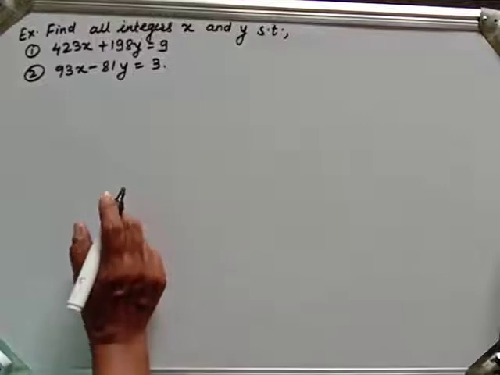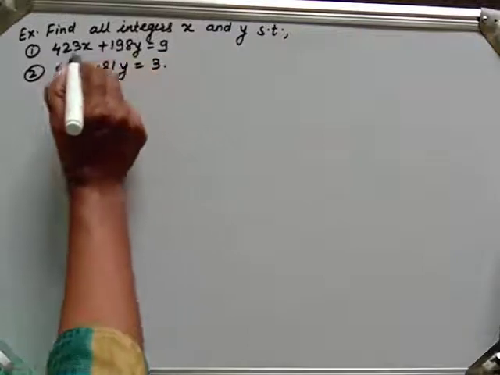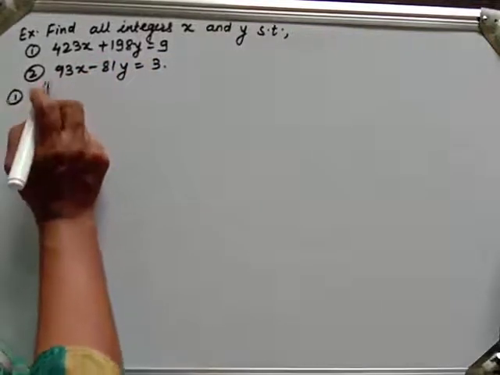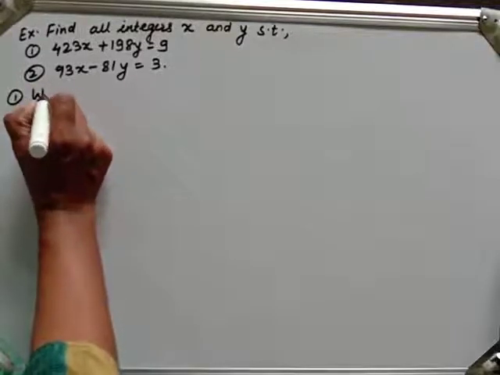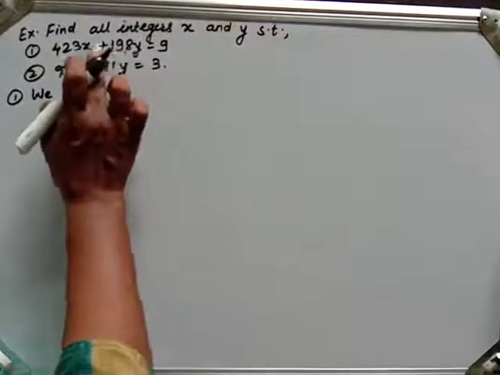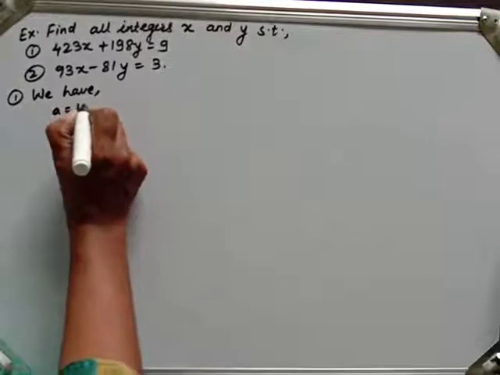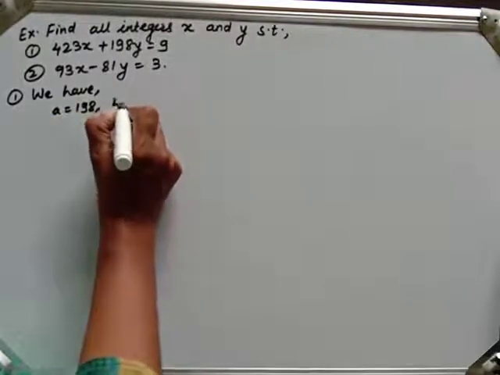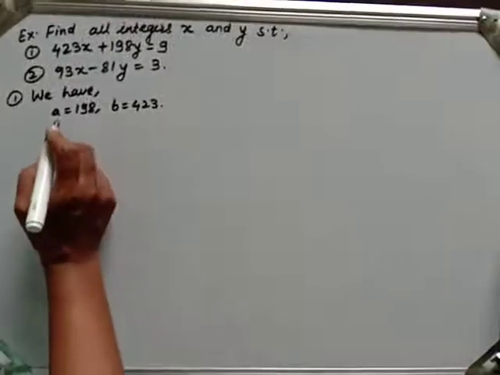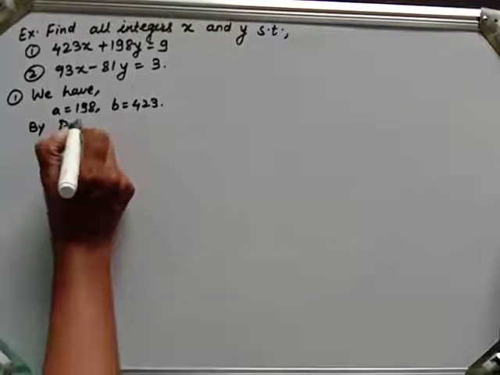Now here actually this is also a linear combination, meaning 9 is the GCD of these. Let us solve the first one first. Here 198 is A and 423 is B, we will assume. So A is equal to 198 and B is equal to 423.